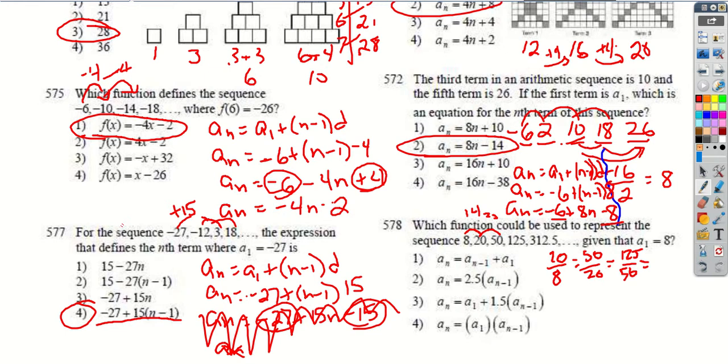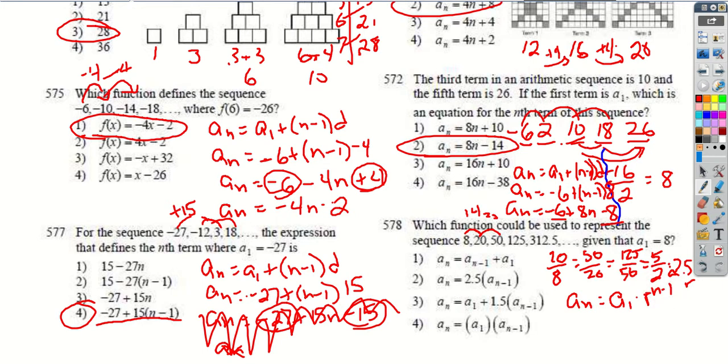So this is equal to 2.5, or 5 over 2, which is really just 2.5. That's the r value. So the sequence is a_n equals a1 times r to the n minus 1. That's the sequence, guys.